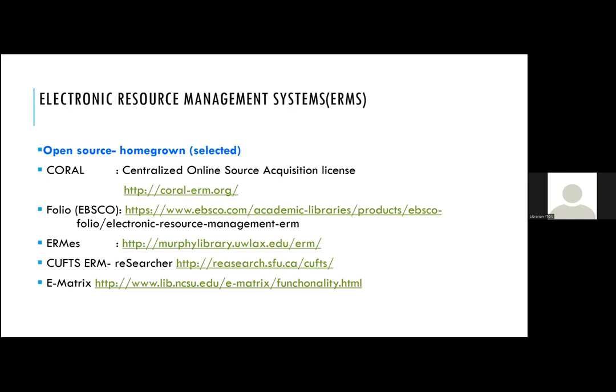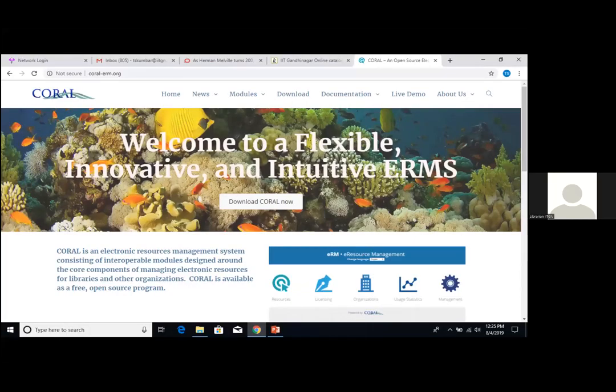So these are the open source tools that are available, and we see that Coral and Folio are picking up fast. Since we use Koha, which does not give enough provision to manage electronic resources, we explored using Coral with the support from our trainee colleagues.